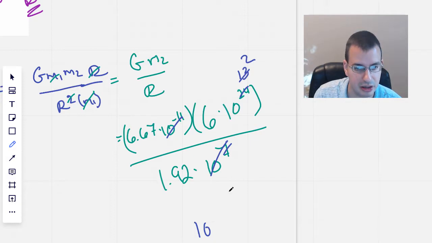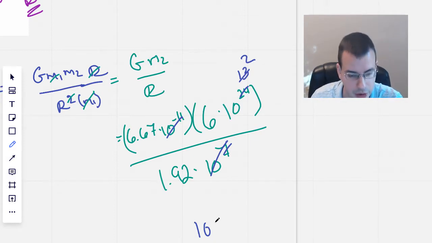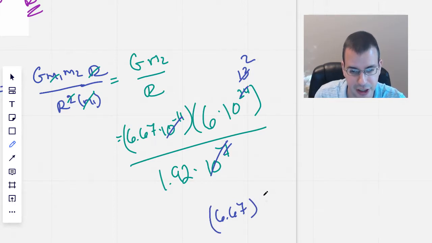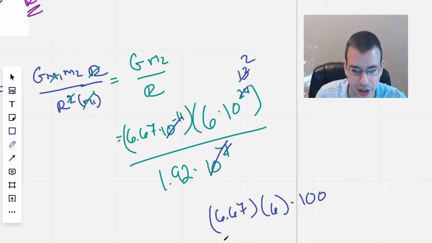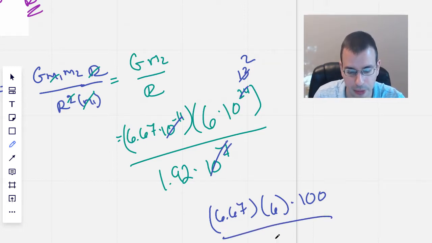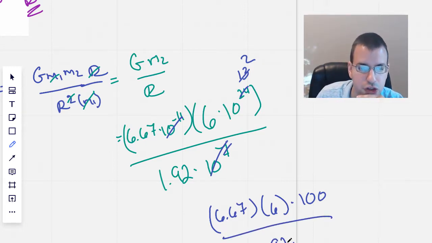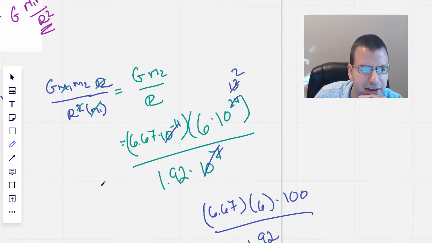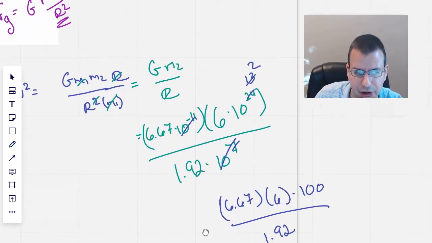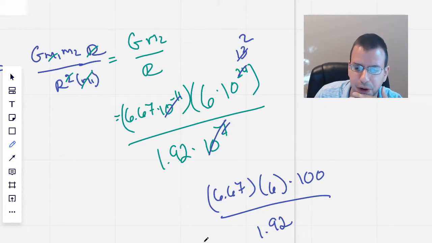Let's do it this way. Start from the left. 6.67 times 6 times 10 squared, which is just going to be 100, all over 1.92. That feels like a small number.